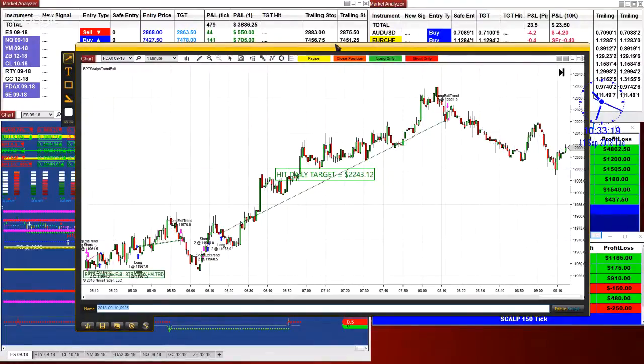Yesterday the DAX made the target we talked about: once you hit your daily target of 2000, you should not be trading the rest of the week and should try to protect your target.